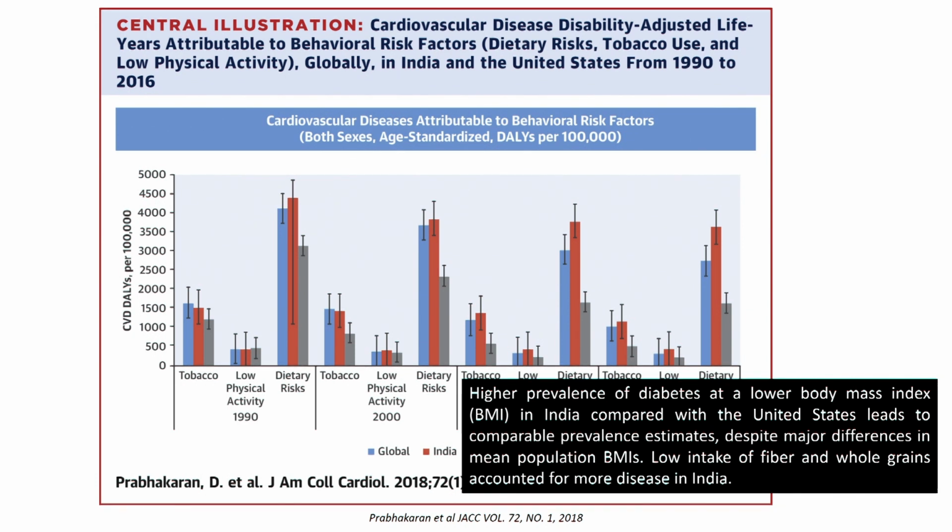Number two, we have same prevalence of CVD despite major differences in the BMI. Our BMI is low, but CVD rates are same or even higher. We have, of course, low intake of fiber, and we take a lot of whole grain. But the bottom line is that as a race, we are more prone for the cardiovascular complications.